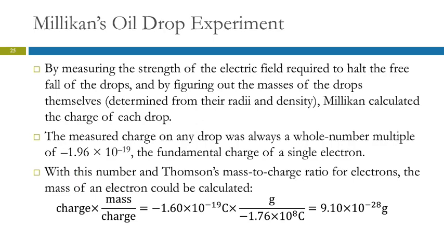Some of those droplets might have had 3 extra electrons on them, or 7 or something, but they were all a whole number multiple of that charge. And using this information and the charge to mass ratio that Thomson had gotten, then he could get the mass of an individual electron, which is like crazy small. It's way smaller than an atom itself.